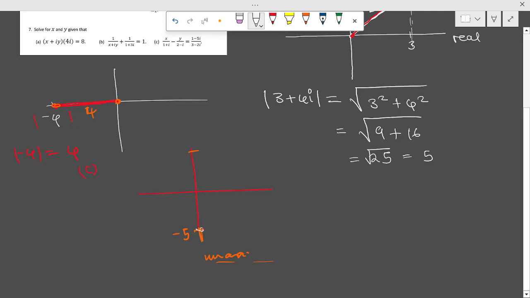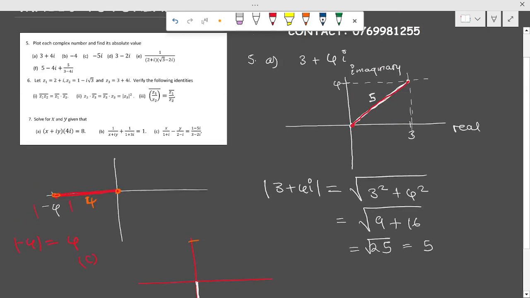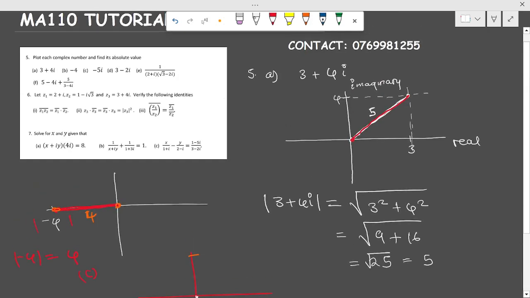So negative 5 would be here, and it would be just like this, up to negative 5. Okay, and the absolute value of negative 5i is just equal to the square root of negative 5 squared, which is just equal to 5. So it will be 5 here. Okay, so you use this same approach even on these other ones.